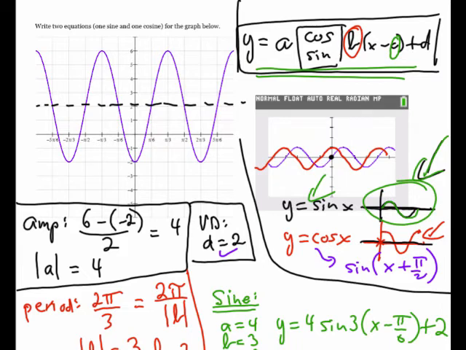Well, I'm going to identify this piece right here, because that would be a cosine graph that's been reflected across the horizontal axis. And that would therefore mean that my A value is plus or minus 4. It would be negative because I've decided to start from the bottom and go up, reflected across the x-axis.